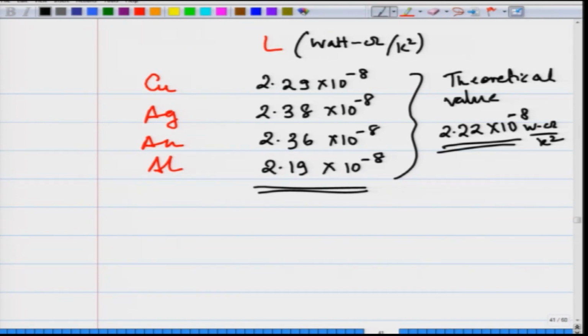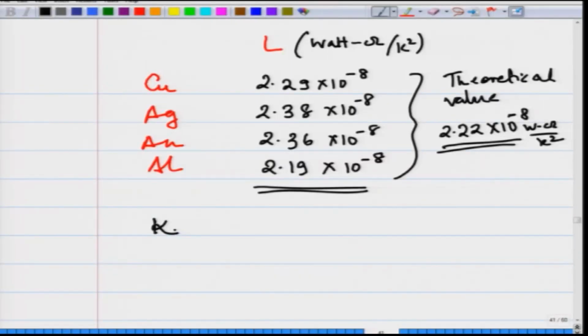And this is a surprising outcome of the Drude's theory, that although there are serious limitations associated with it, it works quite well when it is trying to explain something like the Wiedemann-Franz law. And the reason for why it works is actually a surprising confluence of two different things which happens.